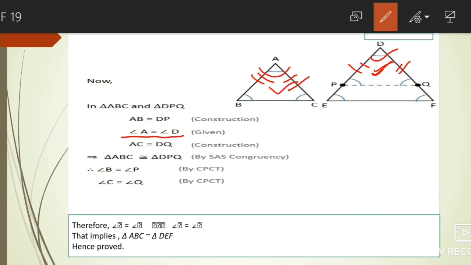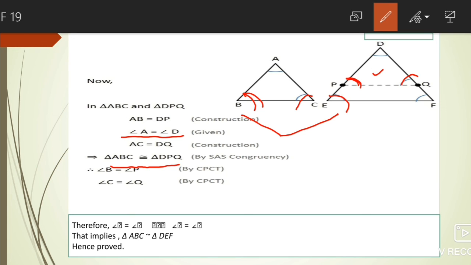Now since they are congruent, by CPCT you can say that angle B is equal to angle P and angle C is equal to angle Q. Again, P was equal to E, and now P is equal to B, so B is equal to E. Again Q was equal to F, and now C is equal to Q, so C is equal to F. A is equal to D is already given.